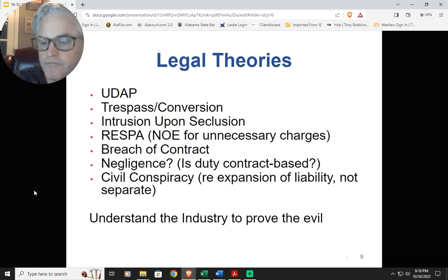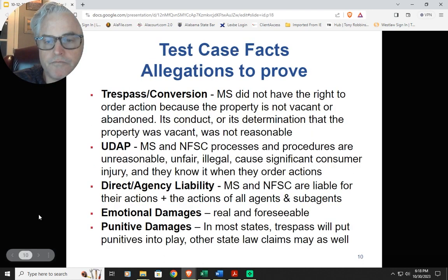So in this particular slide, we're talking about the different ways that we've used some of these laws to attack some of the arguments.